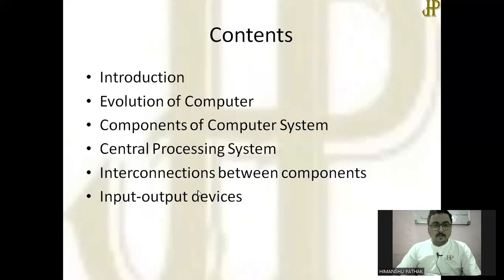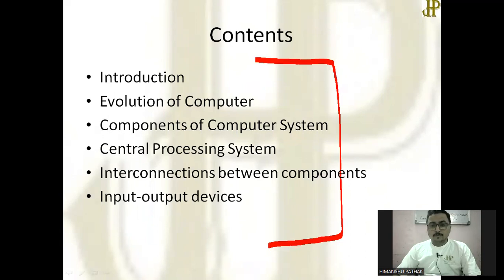Today we will cover these portions: introduction to computer, how computers evolved from the first generation up to the 5th generation, what are the main components of computer system, and after that we will discuss the CPU and its interconnection components, and at last we will see what are input and output devices.